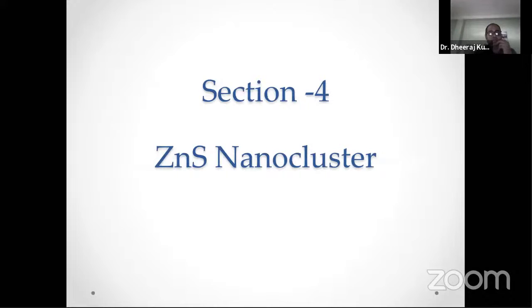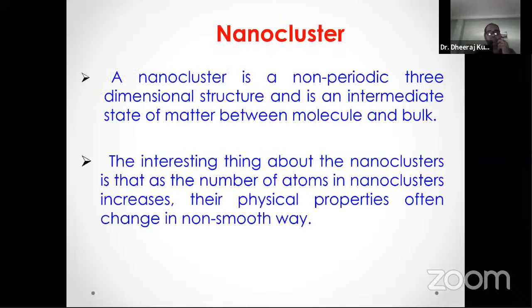In section 4, I have taken a system of zinc sulfide nanoclusters with the computational techniques to explore its properties. First, what is a nanocluster? Usually, a nanocluster is a zero-dimensional structure. If we divide nanomaterials on the basis of dimension, there are 0 dimensions, 1 dimension, and 2 dimensions. 2 dimensions are usually thin films, and 1 dimension usually nanowires and nanotubes.